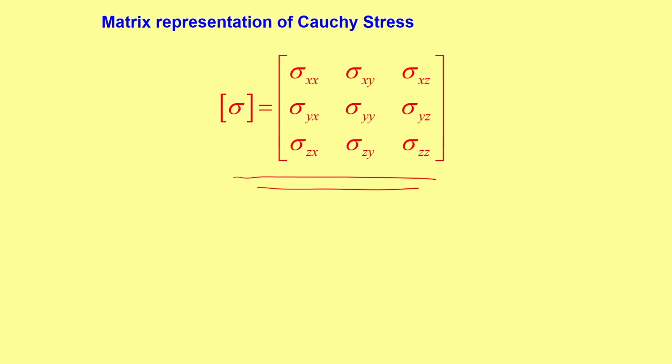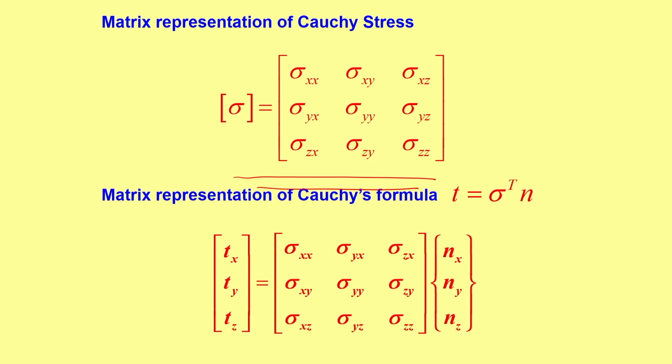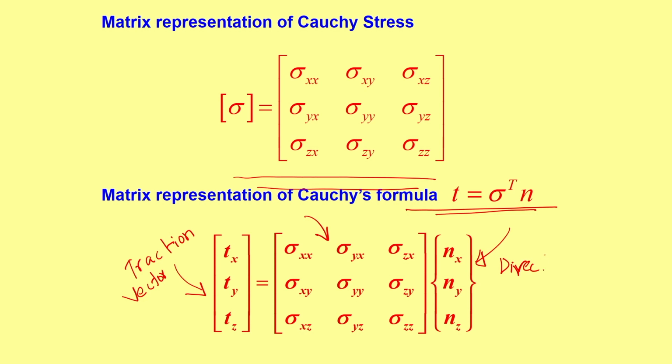So, this is the matrix representation of Cauchy's stress, and the matrix representation of Cauchy's formula is in this manner. You have the traction vector, then you have Cauchy's stress tensor, and this is the direction cosine vector.